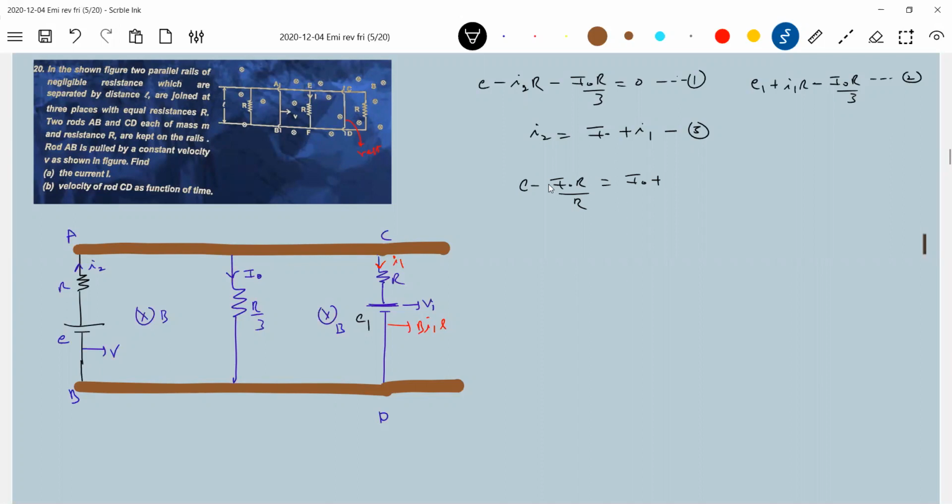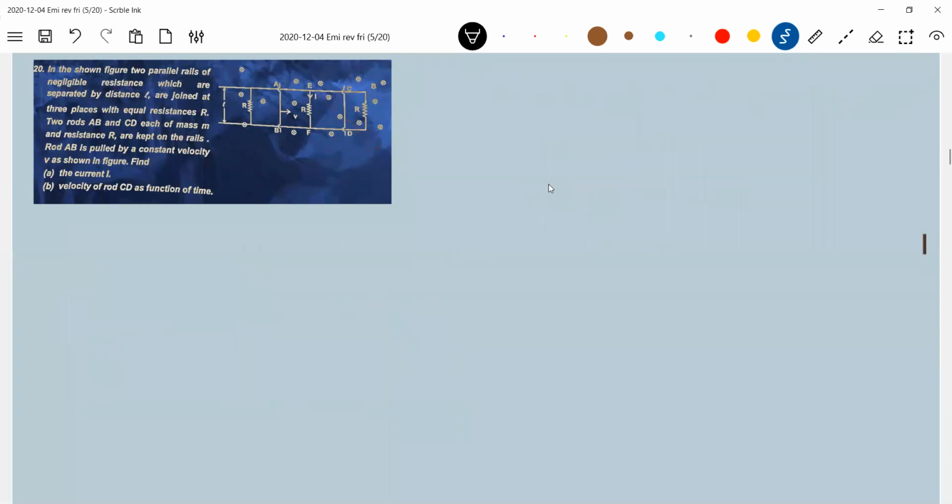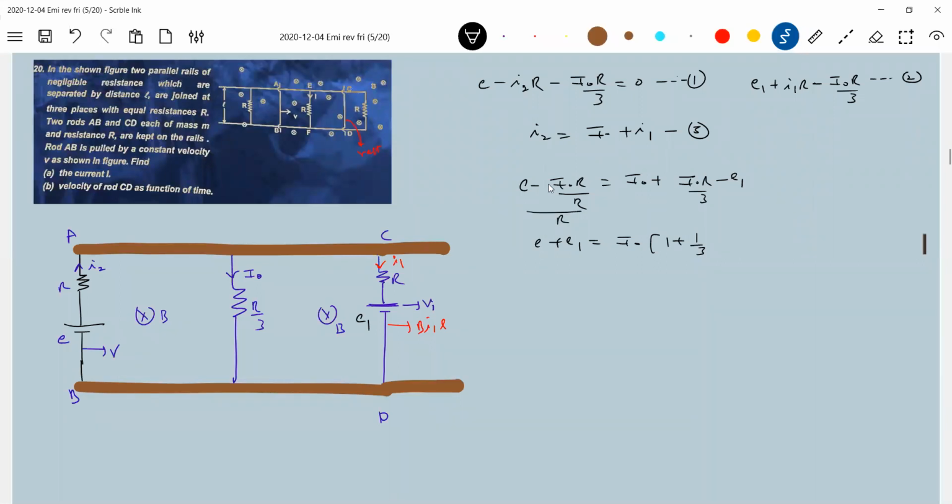I1 is equal to E1 plus I naught R by 3, all divided by R. E by R, E1 by R. And what is E equal to? E should be equal to BLV.